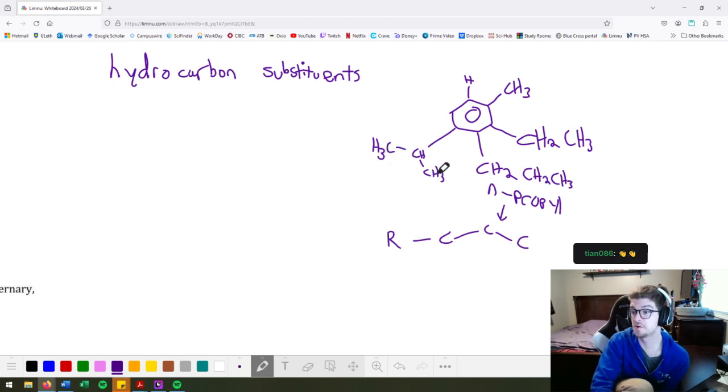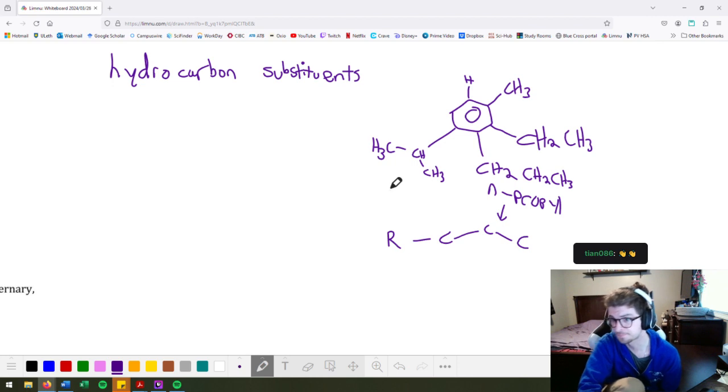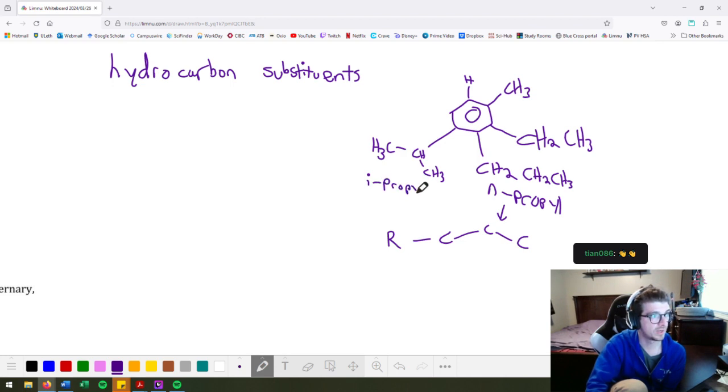So this is also a 3-carbon chain. But in this instance, it is connected at the middle carbon, and that is distinct from attaching it as a chain, as an N-propyl group. And this is called I-propyl, or otherwise isopropyl.